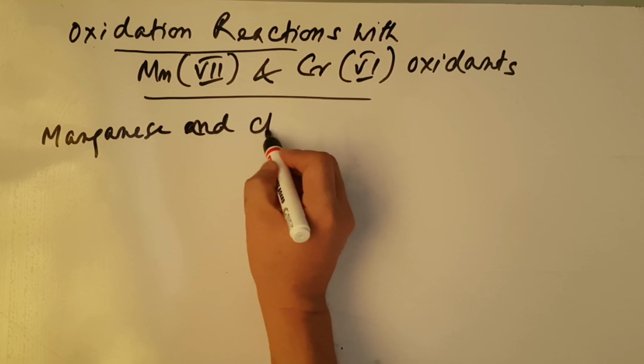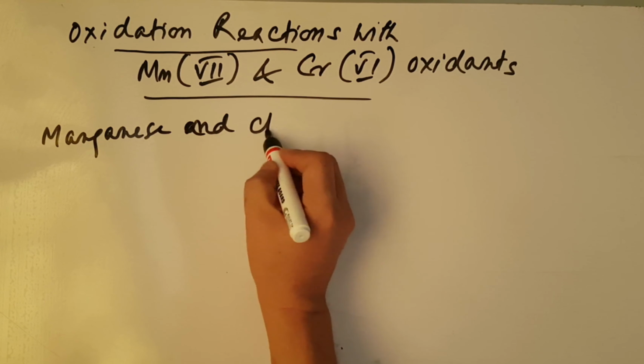Similarly, for chromium 6 compounds, 3 electrons are involved, changing it to chromium 3, also in acidic solution. The color changes from orange or red, of potassium dichromate or chromium trioxide, to green.